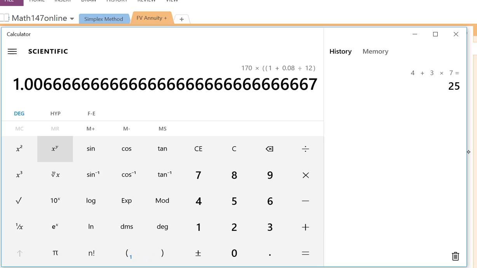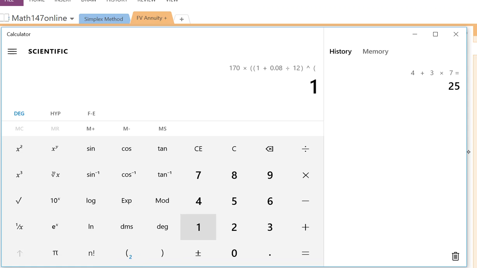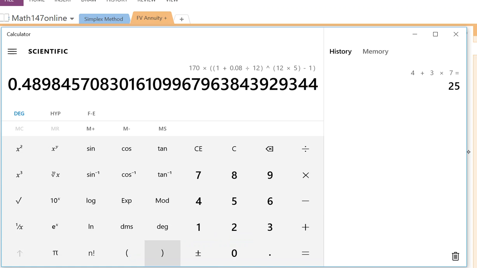Raise that to the power of 12 times 5, which is 60. It's easier to do it in your head, but if you're going to do it on the calculator, you do have to do that in a set of parentheses because the calculator will follow the order of operations. It'll do exponents before it does multiplication. We want to do that multiplication before we do the exponent. And then subtract the 1, and then close off the parenthesis to finish off the top of the fraction.